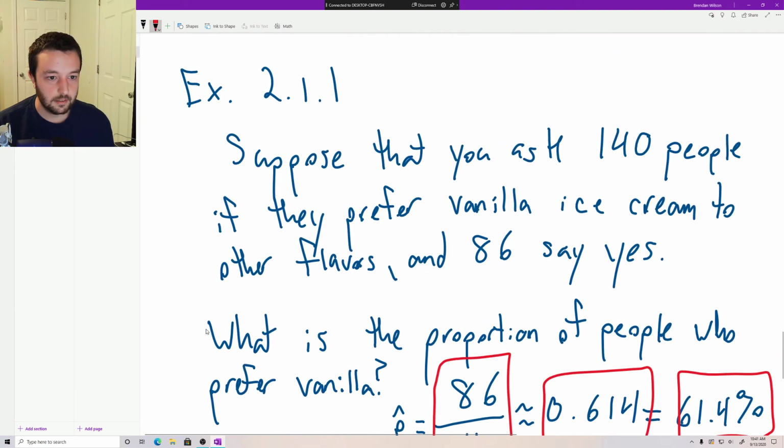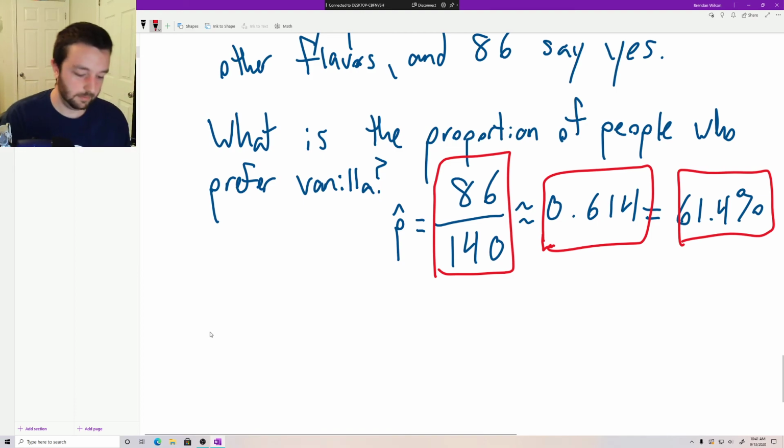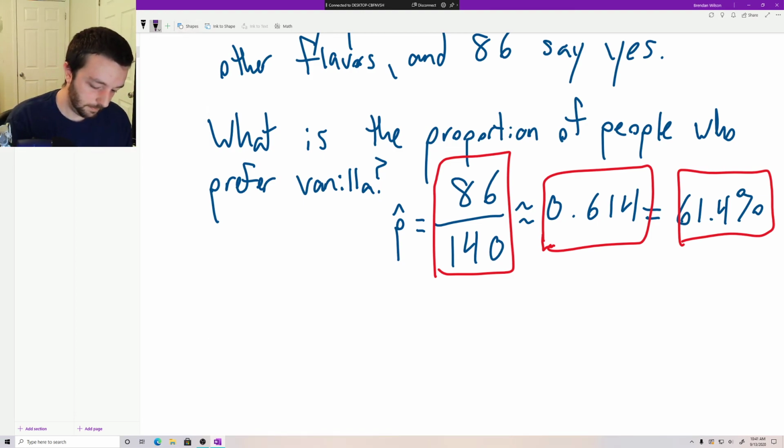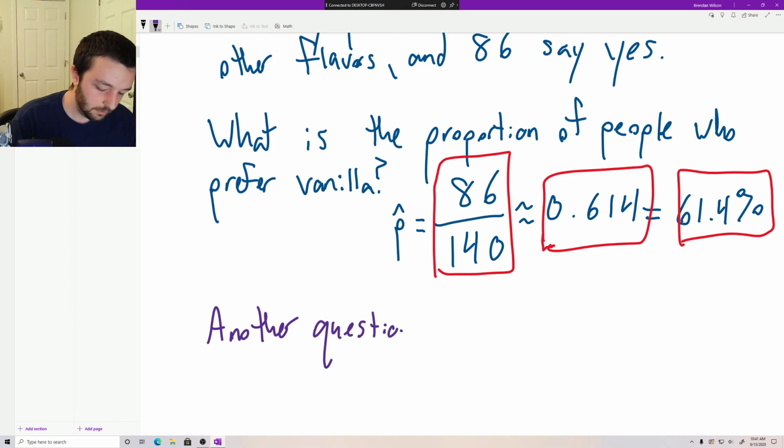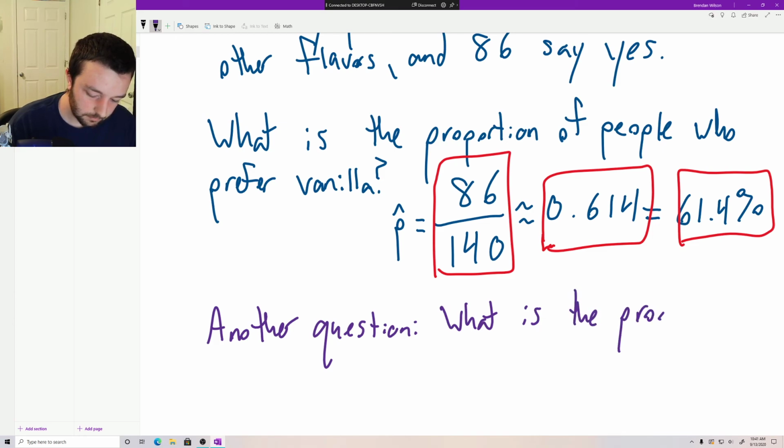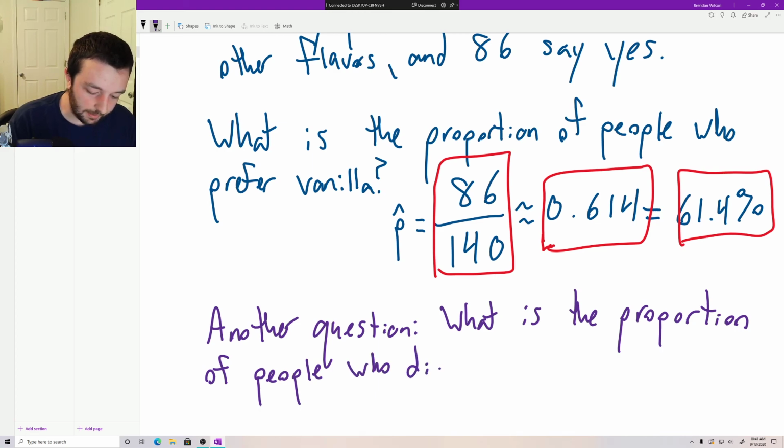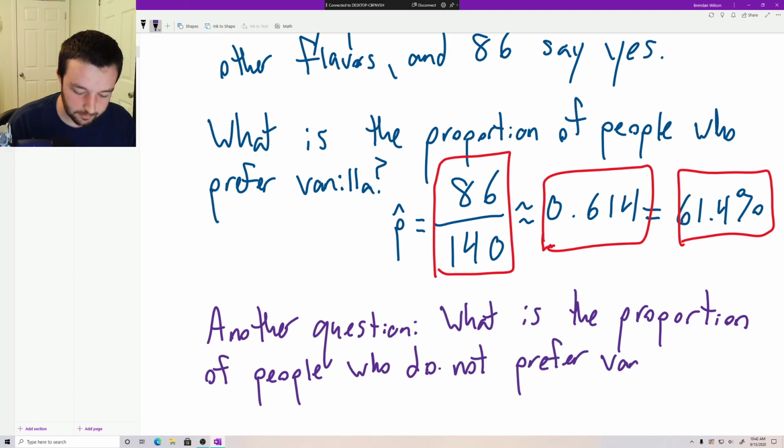Another question we could ask, which isn't presented in the book: what is the proportion of people who do not prefer vanilla?